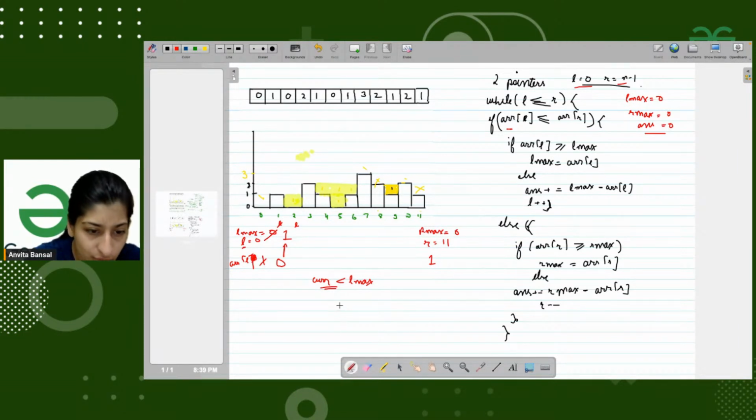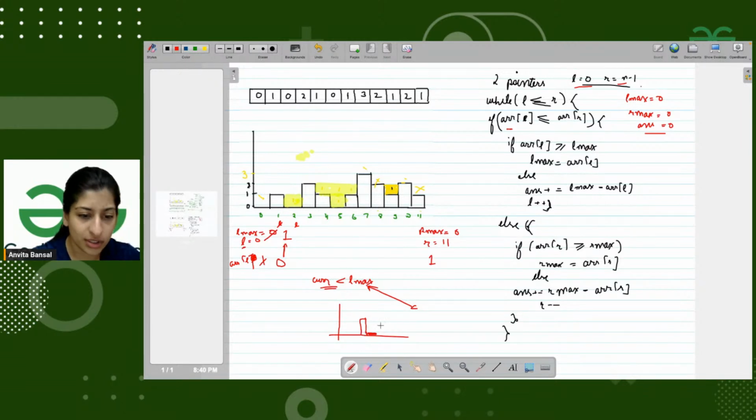What I want to explain is, if this value is less than my L max, which means I have some L max which is greater than that, so I can store some water. Now you will say, how do you know you can store some water? You have not checked for right. At this part I will come, let me just complete the explanation, then you will understand why I am not caring about this part as of now.